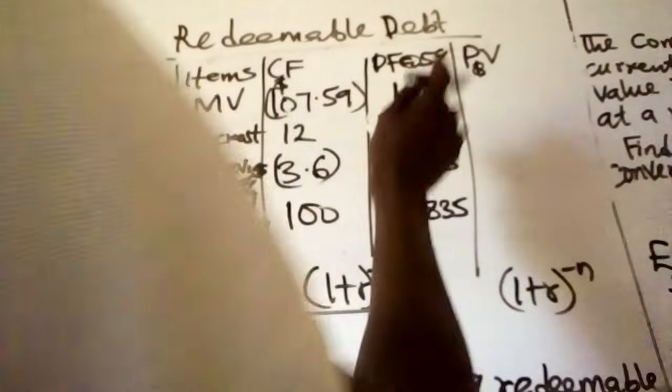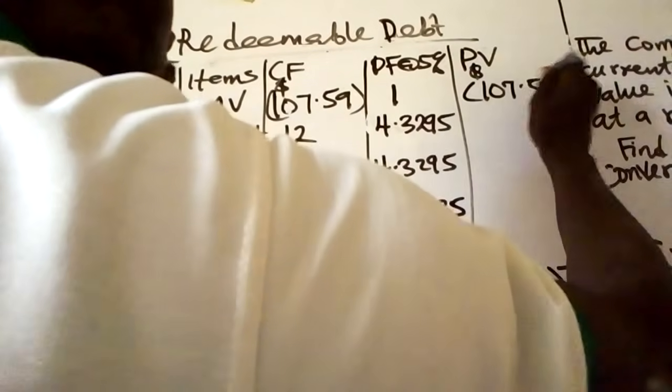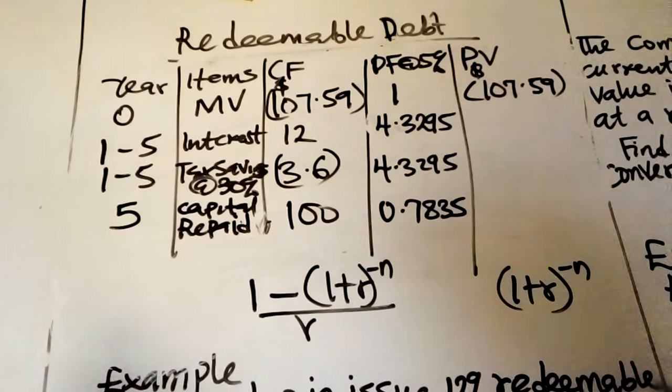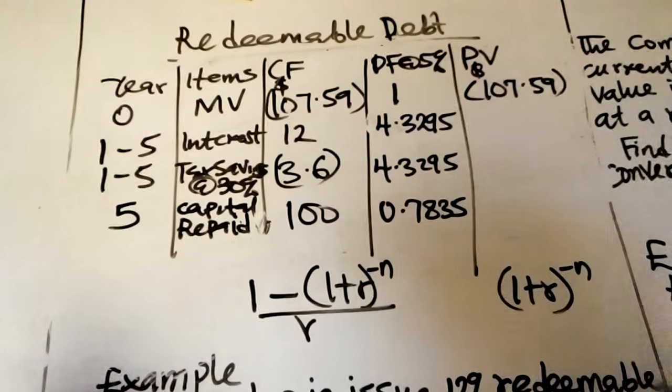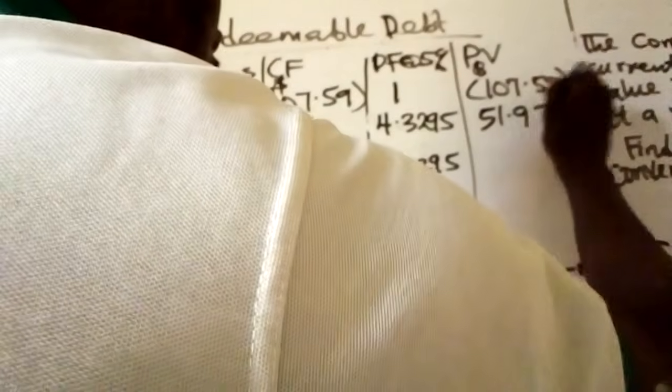So this times this will be, you still have 107.59. 12 times 4.3295, then we have 51.954.